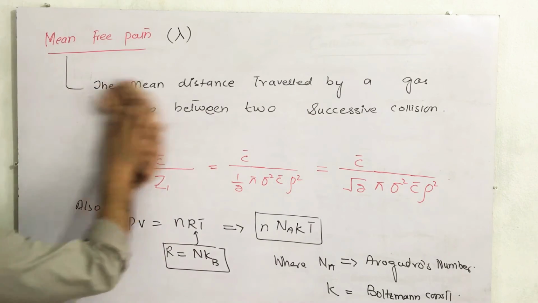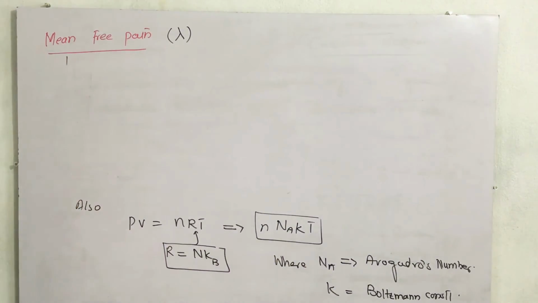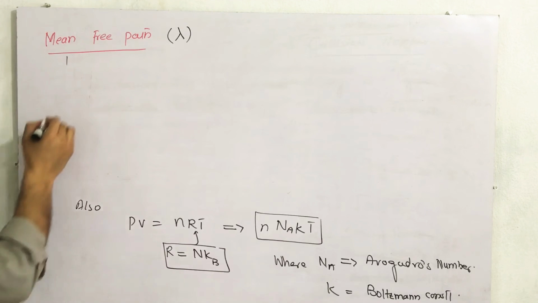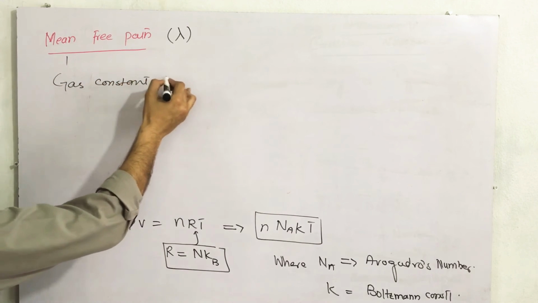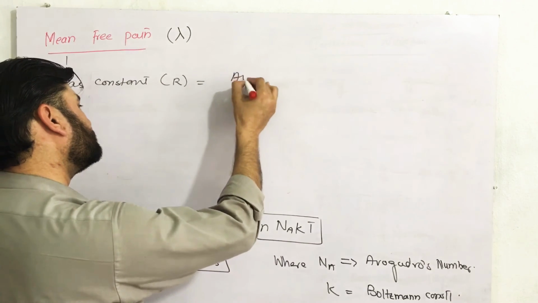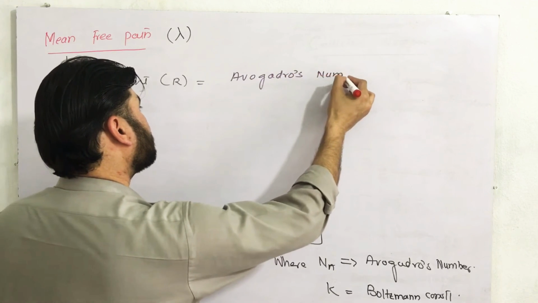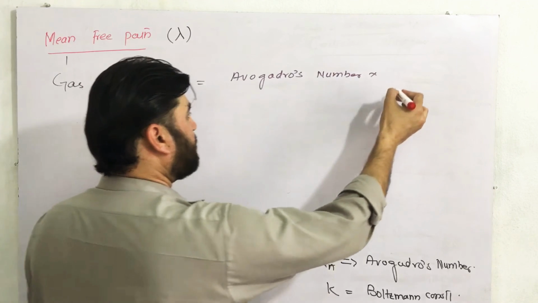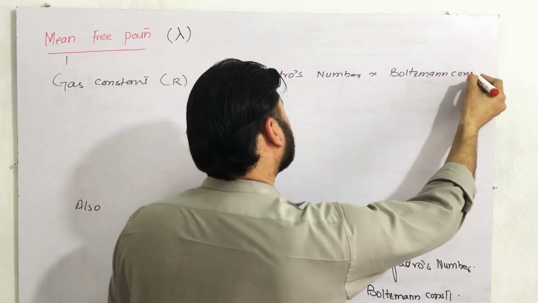What is R basically in this equation? The gas constant R is the Avogadro number multiplied by the Boltzmann constant.